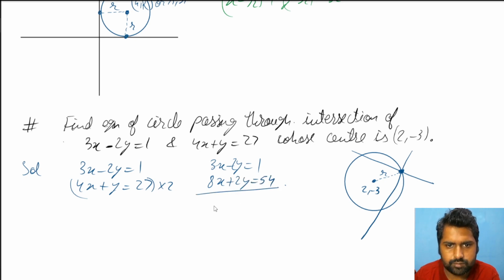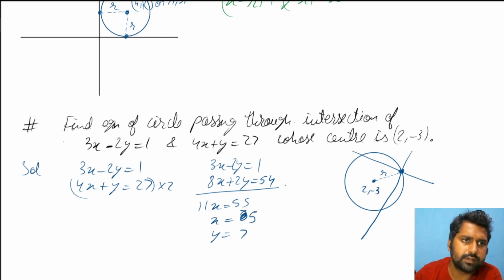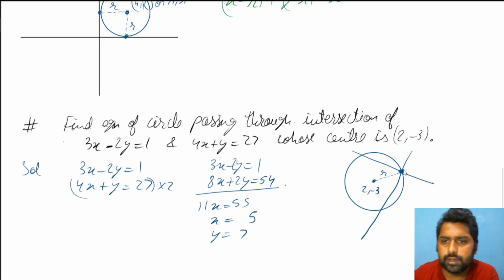So add them, you will get 11x equal to 55, x is coming 5, and if x is coming 5, you put it in any equation, you will get y, sorry, x is coming 5, y is coming 7. Okay, so now we have found the intersecting point of these two lines.